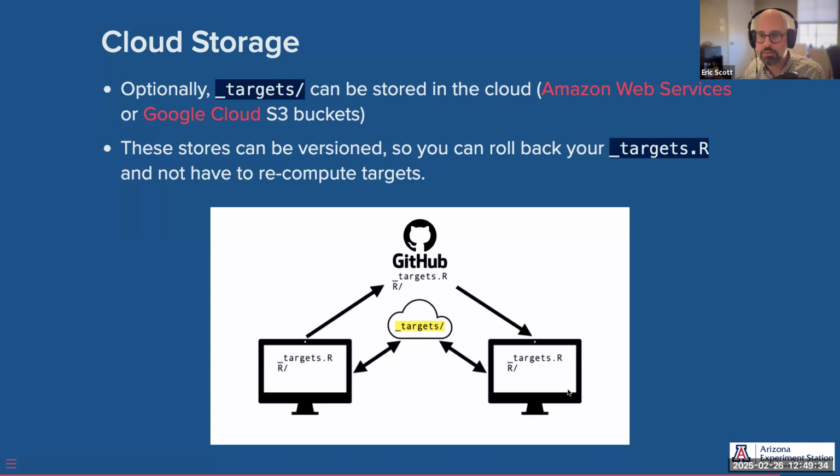It'll skip all the targets if they're all up to date, because it's not looking on that person's computer, it's looking in this shared cloud space. And you can actually version these buckets so that if you make some changes and then revert some changes to your _targets.R workflow, you don't have to recompute all the targets. They're all still there in the cloud potentially. So this is something I've dabbled in, but never really used in a project, but it seems like it would be very useful.